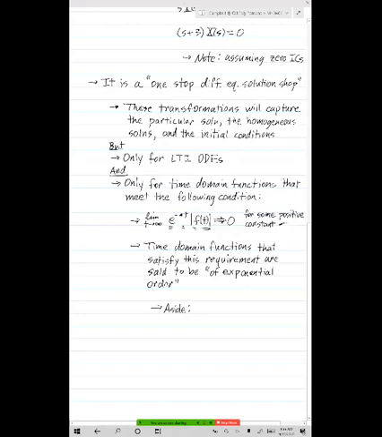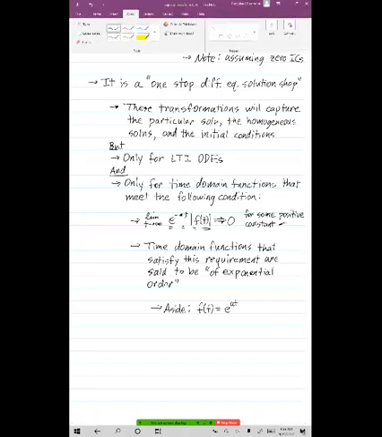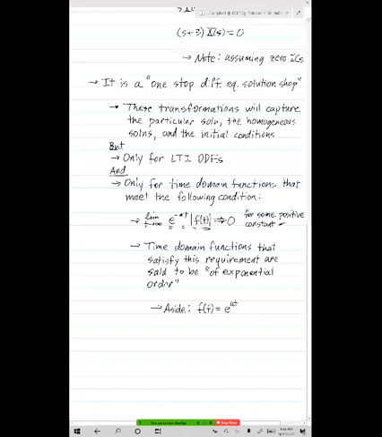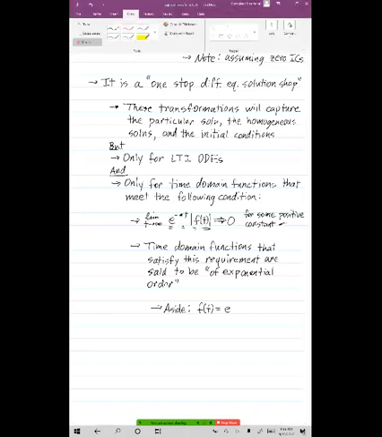So let's say that we have f of t being equal to e to the at, where a is, well, let's make it a bit more specific. Let's do e to the 3t.